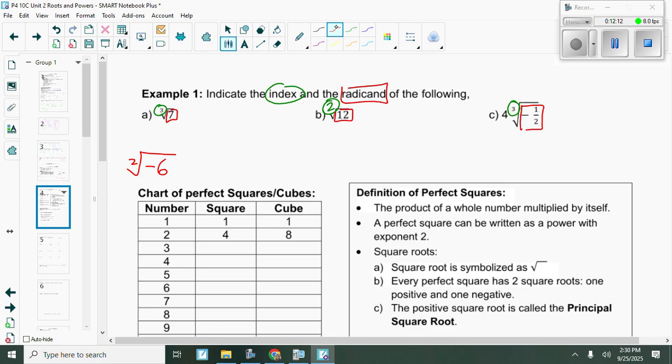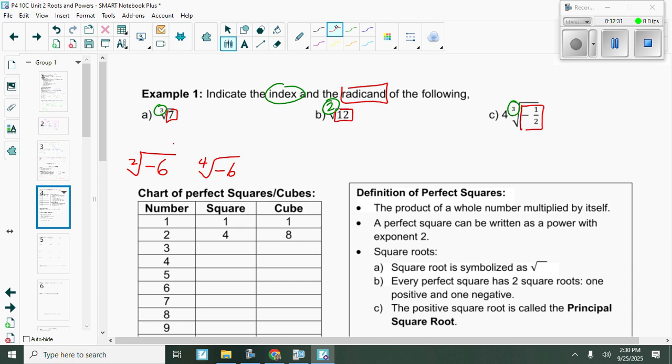That will give you an error in your calculator. If you try to do the 4th root of a negative number, that would give you an error as well. So sometimes it's okay to have a negative sign under the radical sign, and sometimes it's not. It just depends on whether your index is even or odd.